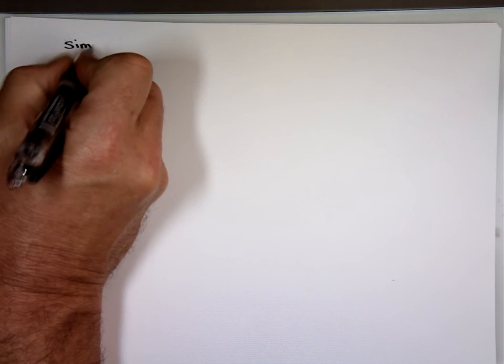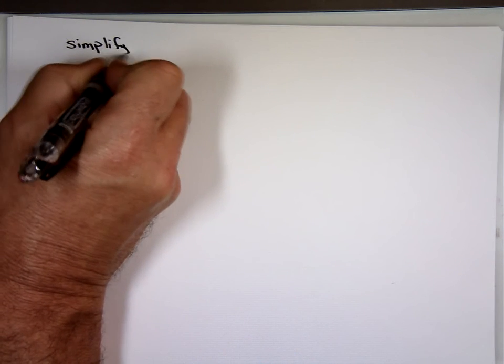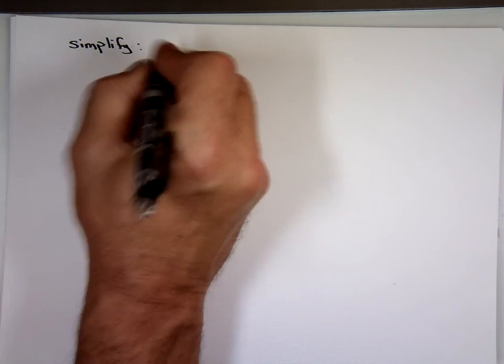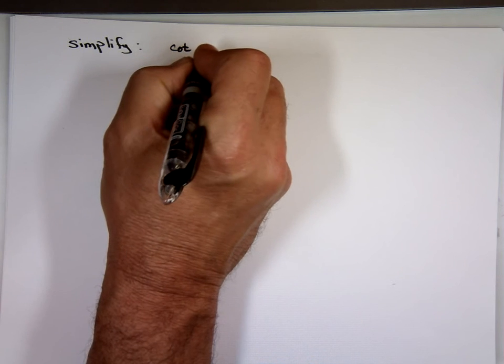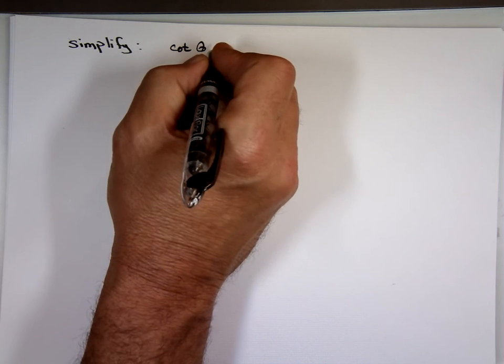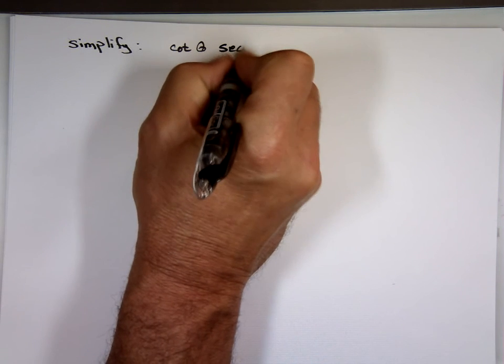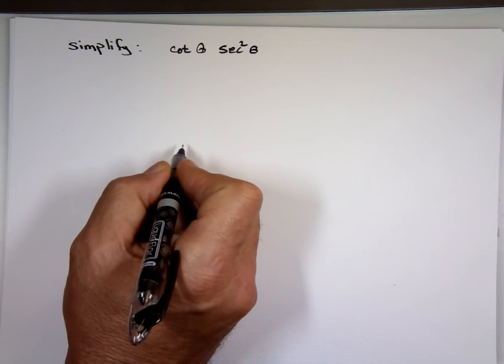Let's try another one. Simplify: cotangent theta, I'll use theta here, secant squared theta minus 1 over tangent theta.